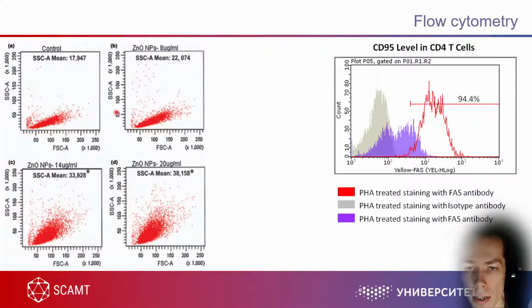So either side scattering or forward scattering will change, and based on these changes you will observe what happened to your cells. So probably in some of the previous courses you should have had some additional information on flow cytometry, and of course you can plot some distributions and observe how many cells are in different parts of this plot, how many cells undergo apoptosis, necrosis, and so on.